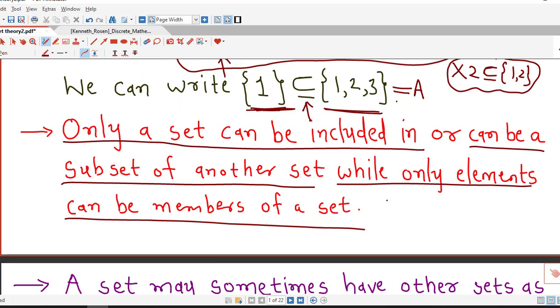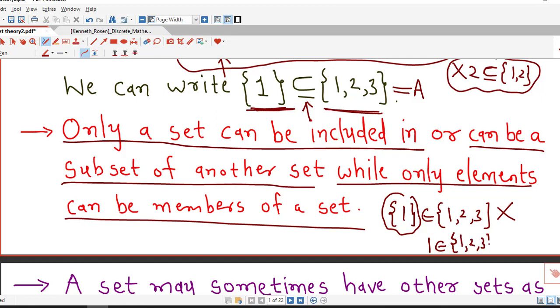So if we are considering that {1} belongs to {1, 2, 3}, then this is not correct, because here we have membership notation and this is a set containing 1. Instead, we should write 1 belongs to {1, 2, 3}.